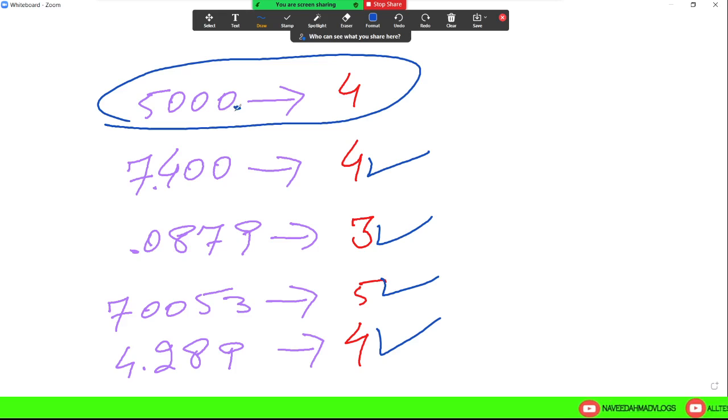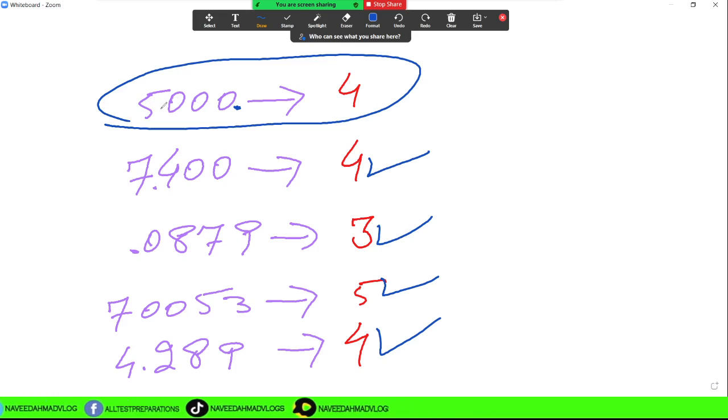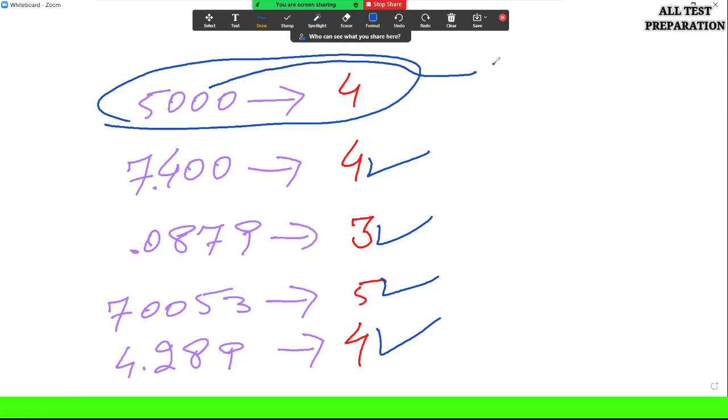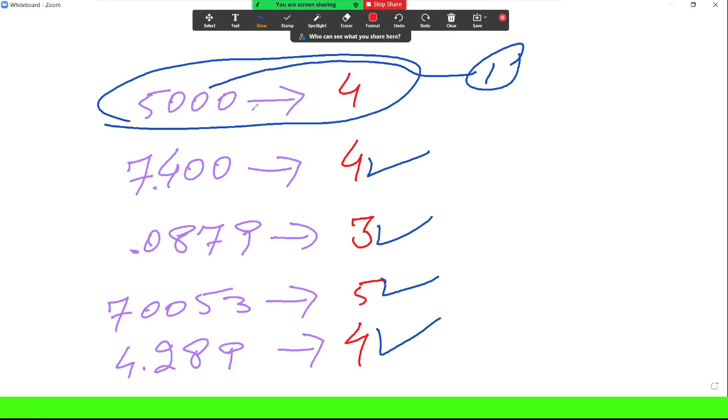But if there is no decimal point, then you will not count all these zeros in significant figures. Like in this case, there will be 1 significant figure. But if there is a decimal point, then there will be 4 significant figures.